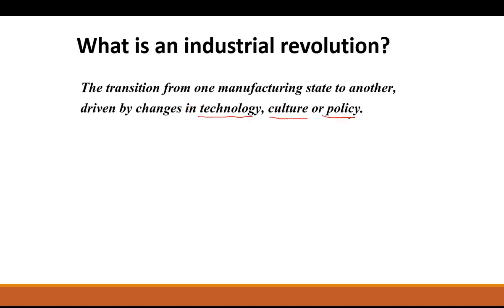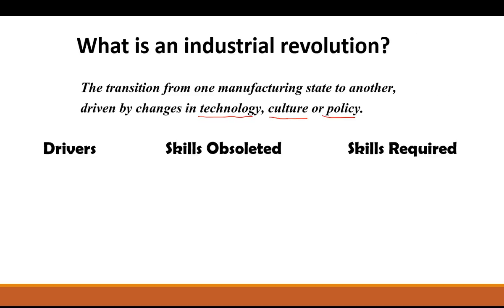If we look at all the industrial revolutions in the past, going from the first, second, and third, they all had those three things in common to some degree or another. Some of the drivers: some skills were obsoleted, and then there were some skills that were required, brought on by each one of those industrial revolutions.